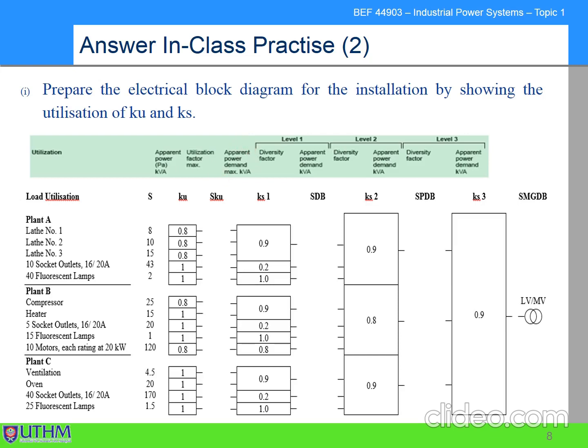To get this value, SKU, we multiply S with the utilization factor. So to get the blank value here, we multiply this value with the utilization factor. And then this is the diversity factor, given. So the first level is to get the SKU.